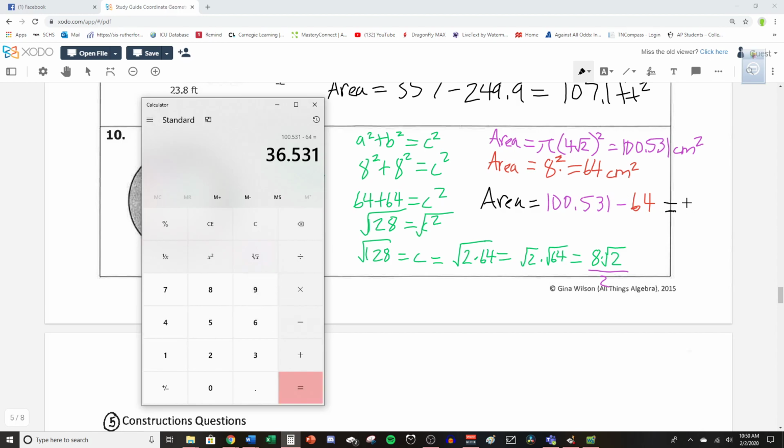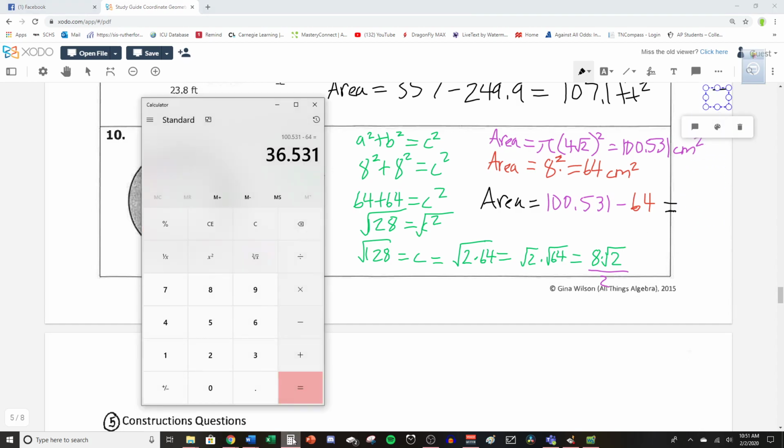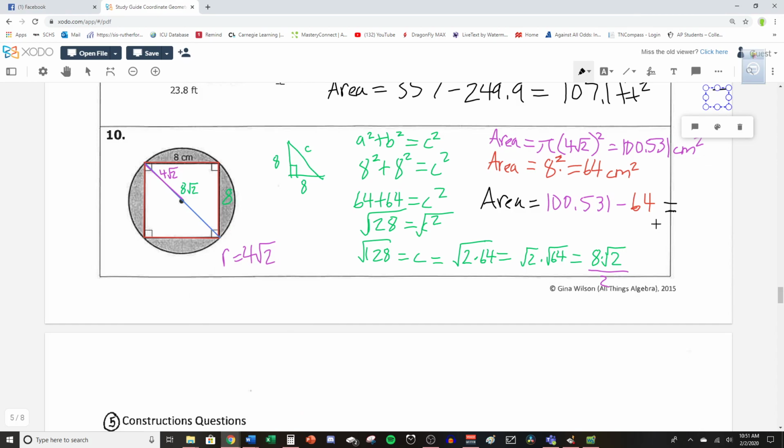So the area of that gray region is 36.531 centimeters squared. And that's going to be our answer for this shaded region.